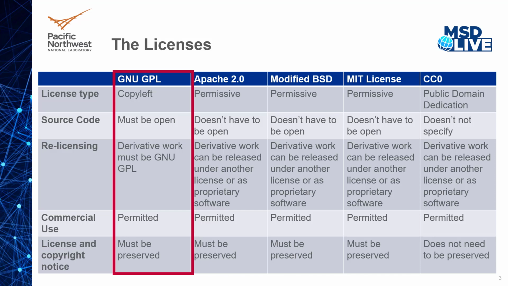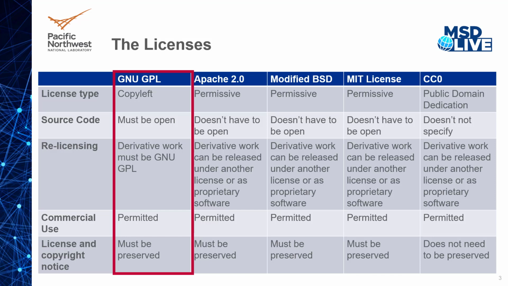A work licensed with the GPL remains GPL licensed even if the work was altered. Additionally, combining a GPL licensed work with a work subject to a different license leads to the work falling entirely under the GPL. So this is a great option if you want to maintain the openness and availability of your software, although it does put more restrictions on downstream users.